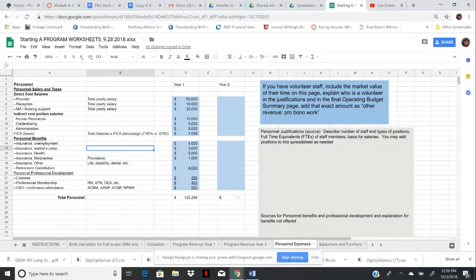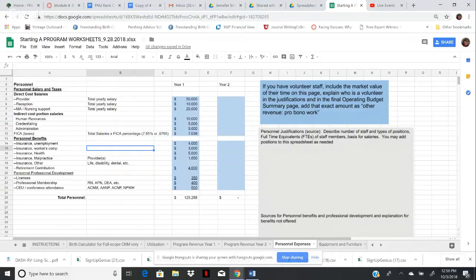Likely that's not the provider's full-time salary, so you would need to explain over on the right-hand side in the justifications box what percentage of time is devoted to this program in terms of his or her FTE time. Same for receptionists.